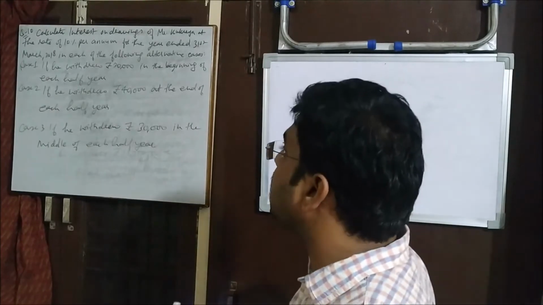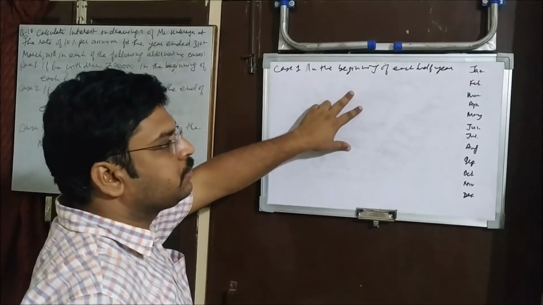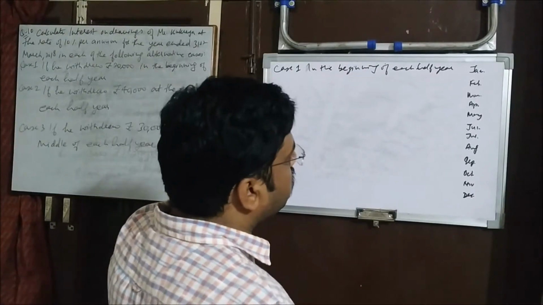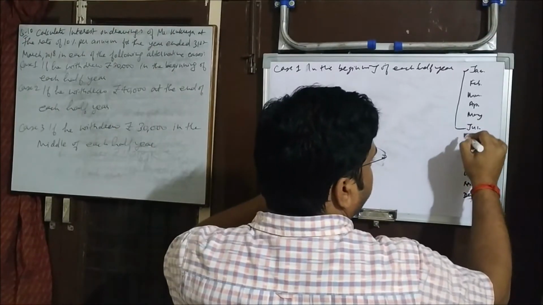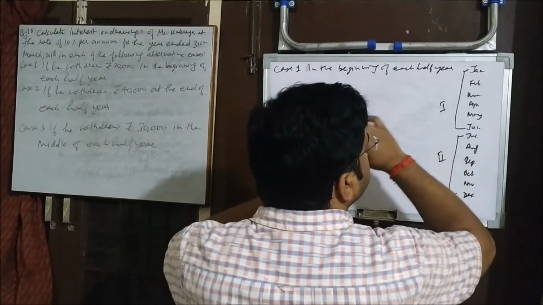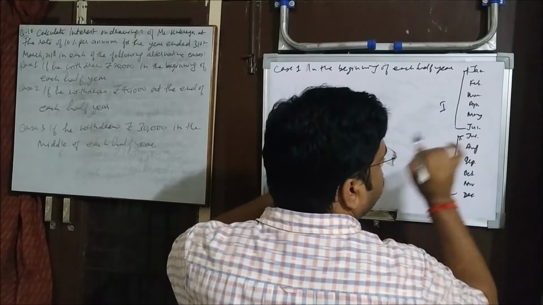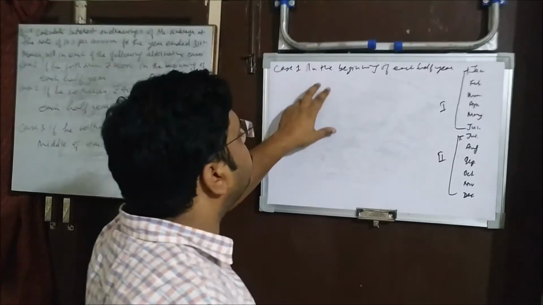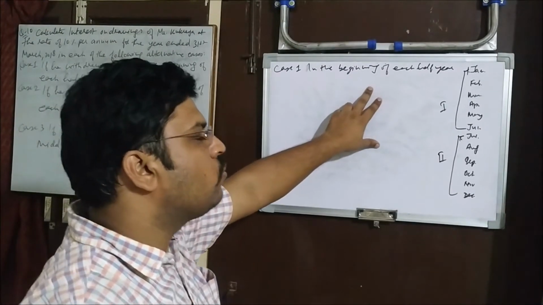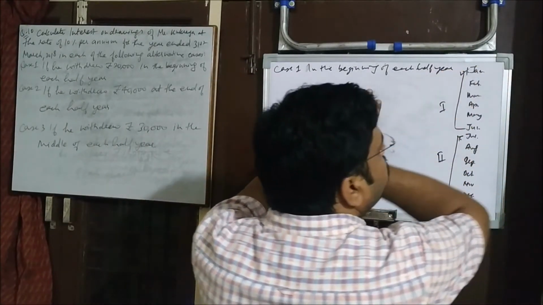Alright, so let's start. Case 1, in the beginning of each half year. There are two parts: this is the first half year and this is the second half year. The first half year will start on 1st January, and this will start on 1st July. So in the beginning of each half year, the very first drawing he makes is on 1st January.